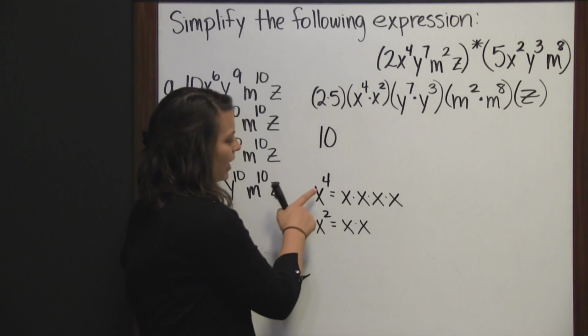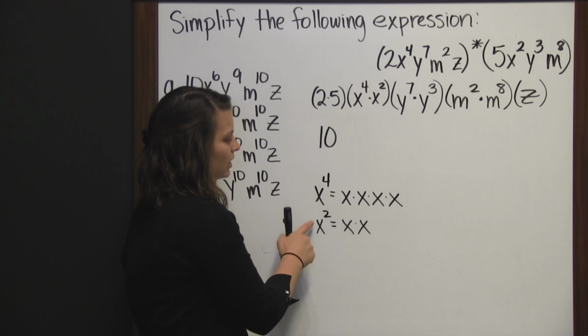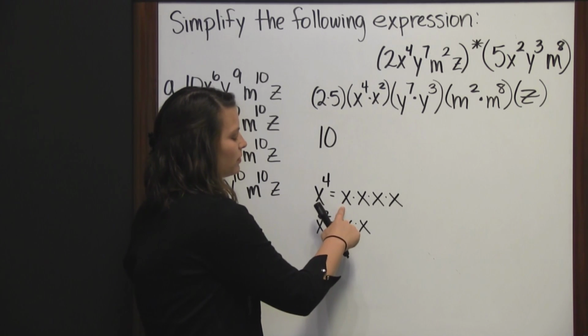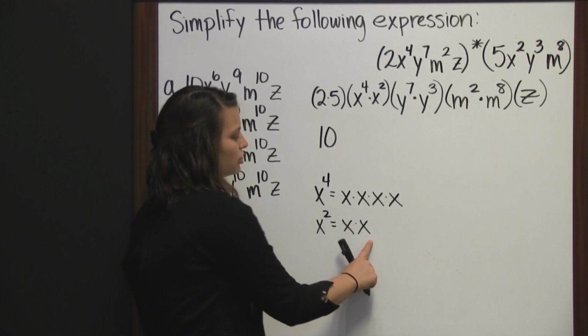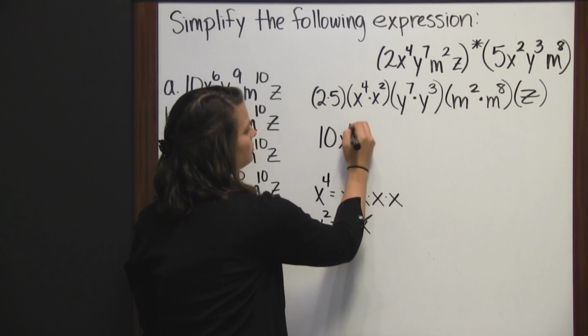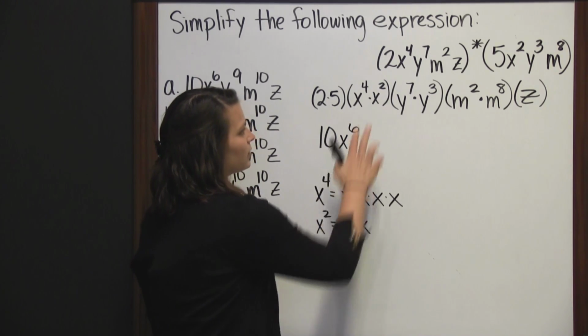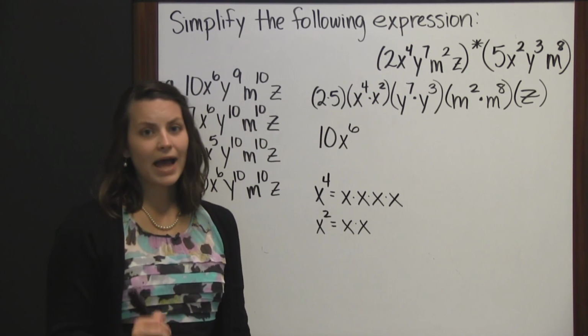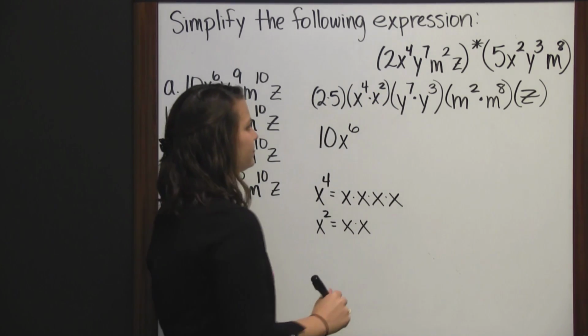So when we multiply them, we're multiplying x times itself a total of 6 times. So it's x to the 6th. You can see what we end up doing is adding those exponents together.